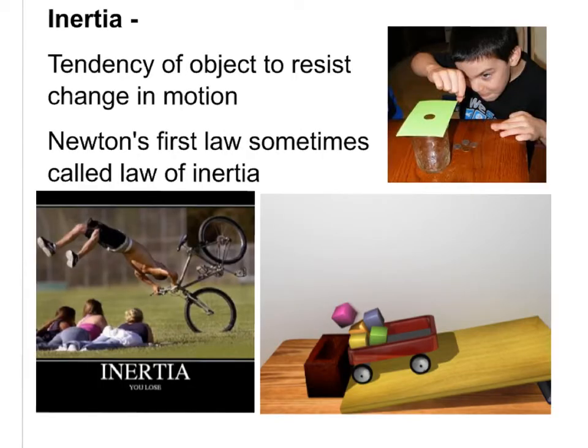This tendency of an object to resist change in motion is called inertia. Sometimes Newton's first law is called the law of inertia because it deals with the object resisting change in motion. These are all examples of inertia, objects resisting change in motion.